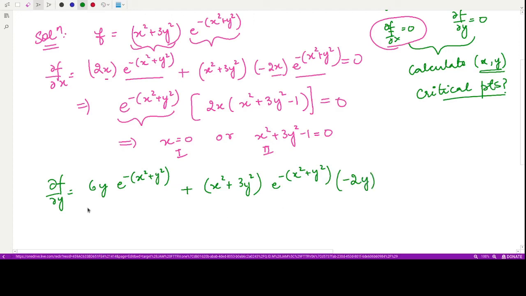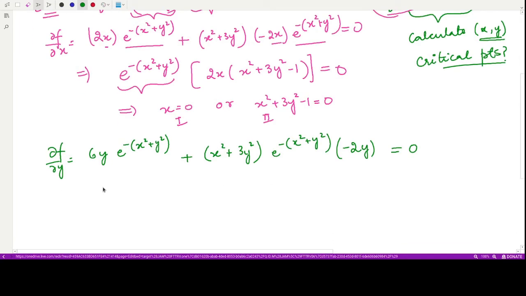Again we substitute this equal to 0. When you rearrange and simplify, you can take 2y common from both terms, and you would be left with 3 minus x square minus 3y square, into e to the power minus x square plus y square, equal to 0.